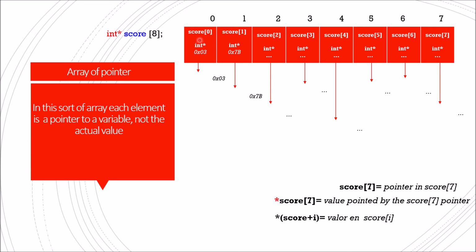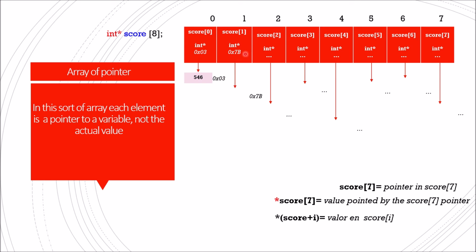So in every position we have the address in which the actual value is stored. So for instance, here we have this address, which is 03. If I go to 03 in that position of memory, I will find the value 546.